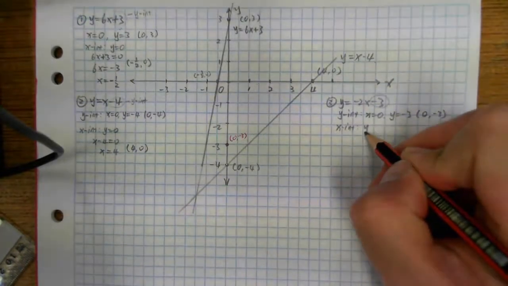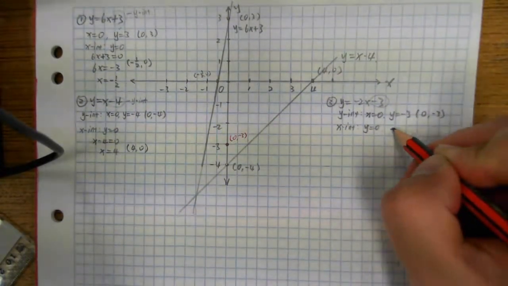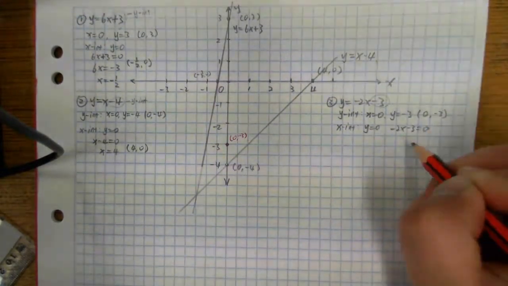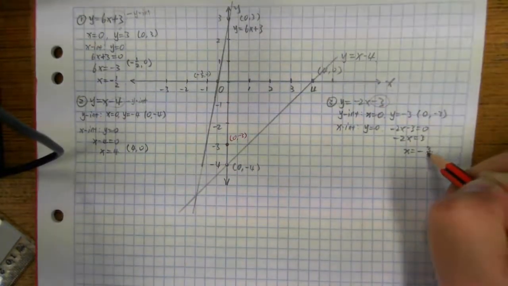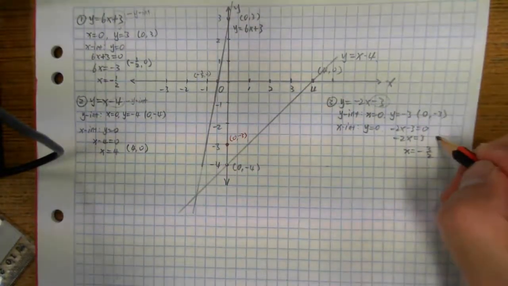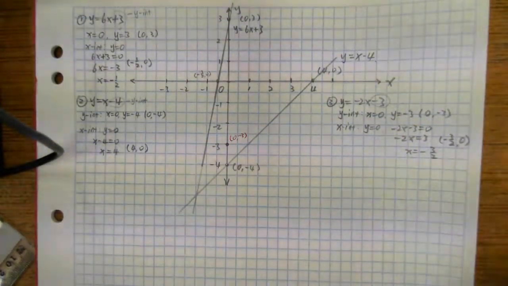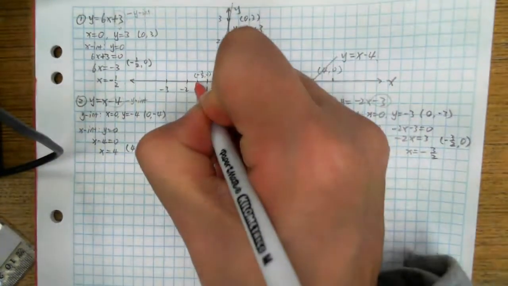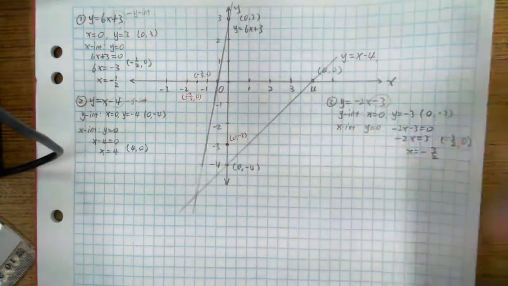Now the x-intercept. So the x-intercept means when y equals 0, so that is -2x take away 3 equals 0. x equals -3/2. Okay, so the point is (-3/2, 0). Alright, -3/2 is here. (-3/2, 0).